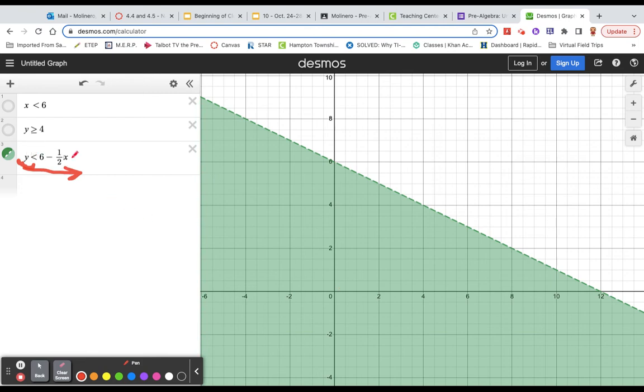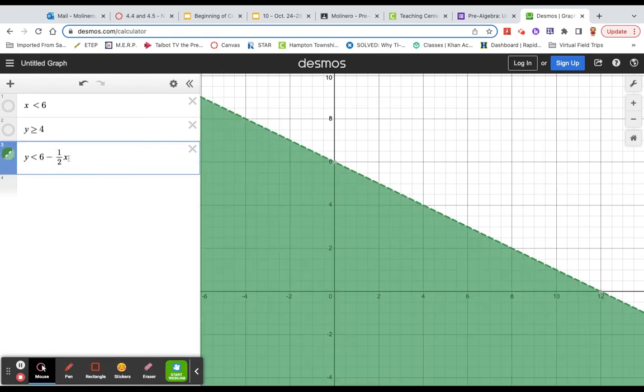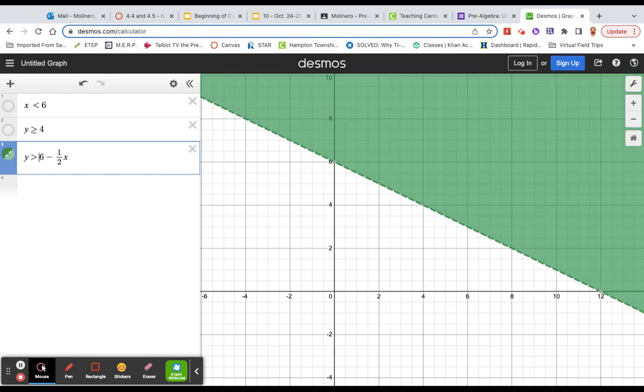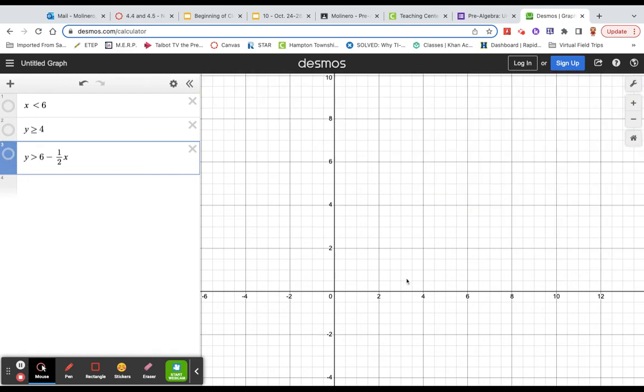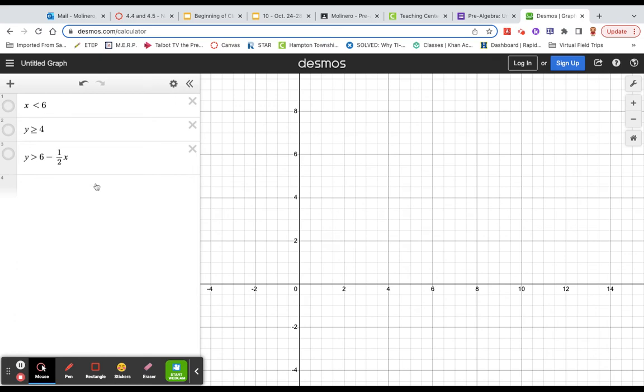If you have it solved for y and y is greater than, that's an indication that you need to be above the line. And we can see that if we flip this inequality the other direction, now I'm shaded above. Same exact line, same exact boundary line, same dotted because it's not equal to, but we're shading in the space above. The decisions that we make regarding the shading hold regardless of the type of line, with one exception.